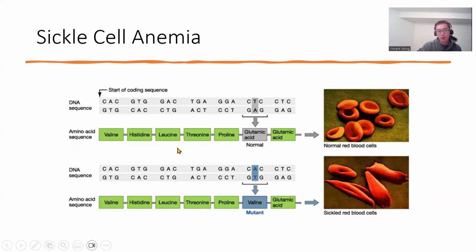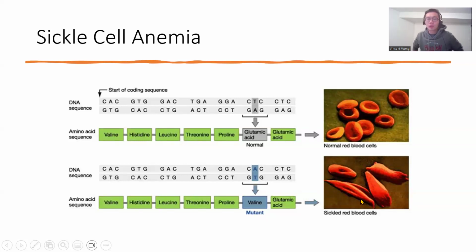In the original amino acid sequence, we have a glutamic acid in position number 6, but after the mutation, it becomes valine. You don't have to memorize this. And that is enough to cause the hemoglobin to misfold, and ultimately it causes your red cells to change into a sickle cell shape.